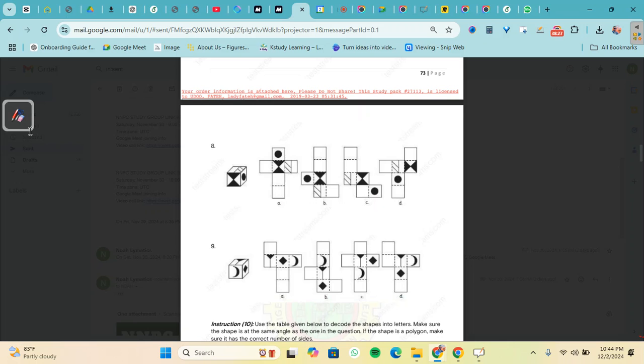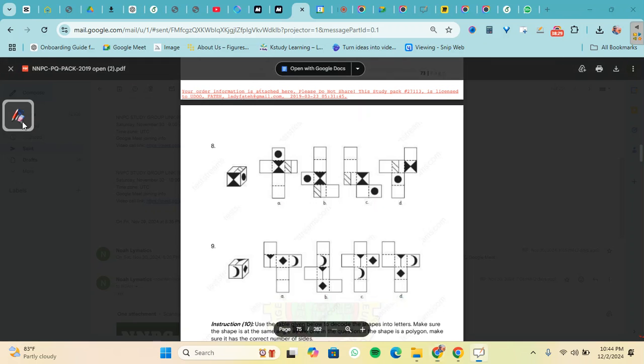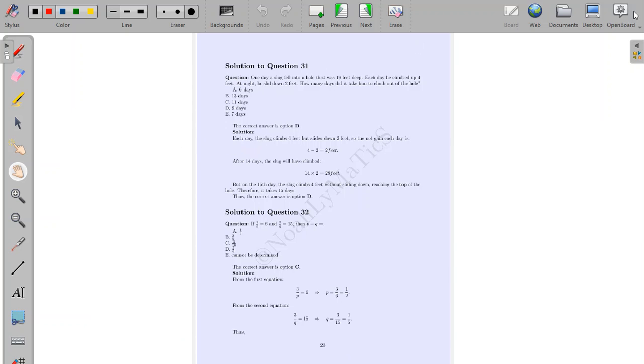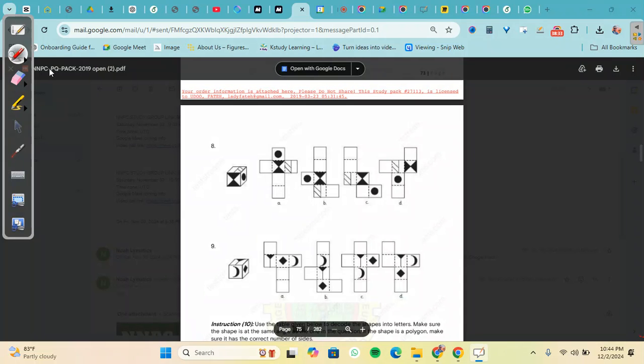But looking at this one at first, you can't easily detect that it's open. From this particular shape here, there is no way you can actually detect that this top part is open, until you look at this shape. Looking at this shape now, this one is open. I'm very, very sure of that. If you know how to create a die, I remember when I used to create a die with cardboard, that was how I was able to do it.